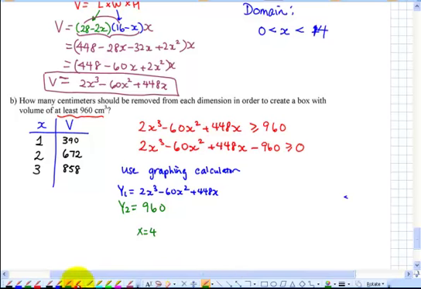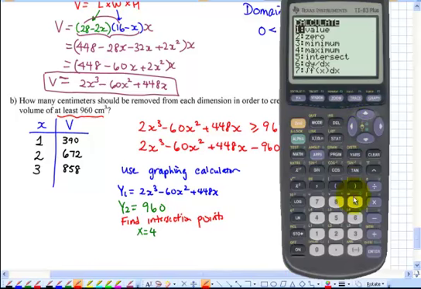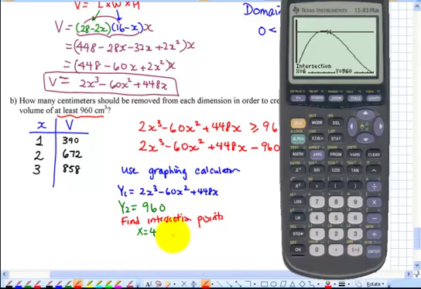I'll give you a little hint here, find the intersection points. Okay, that's one of them. There's another one, so let's go back and find that. Second calc, press 5. Scroll to the right. Press enter, press enter, press enter, and there's x equal to 6.